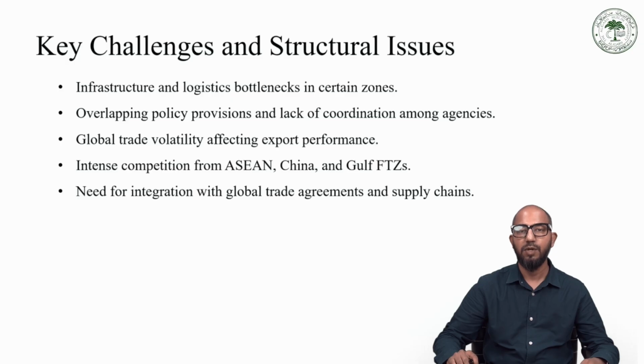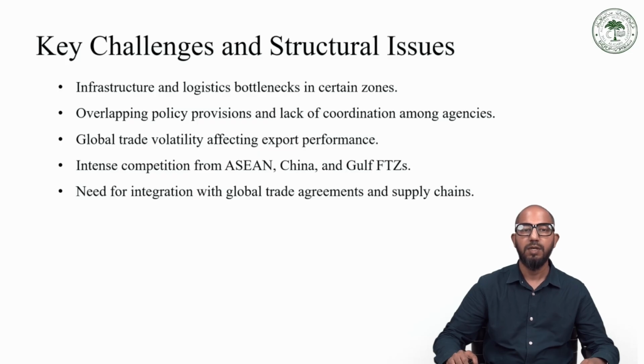The second is overlapping policy provisions and lack of coordination among agencies. As different agencies are monitoring these units and zones, there may sometimes be overlapping of the rules, regulations, and inspection procedures. This may create problems for the units or zones.